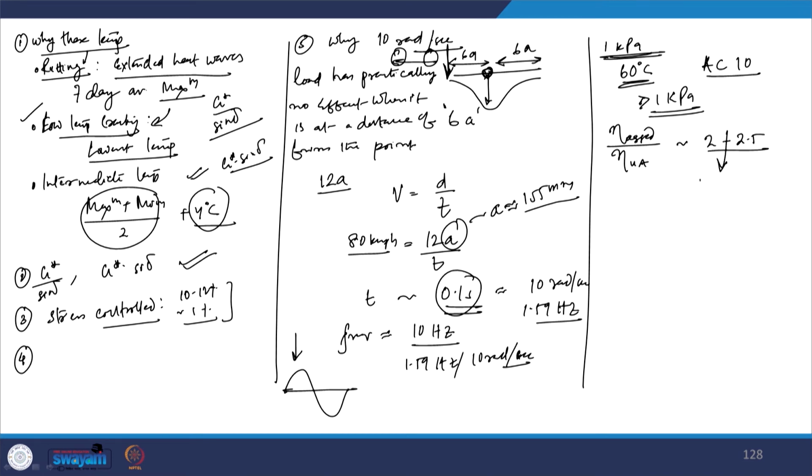So they finally took an average value of 2.2, and therefore the specification of 2.2 into 1 kPa came in, which is 2.2 kPa, alright. So this was the reason for selecting 1 kPa and 2.2 kPa for G star by sine delta.